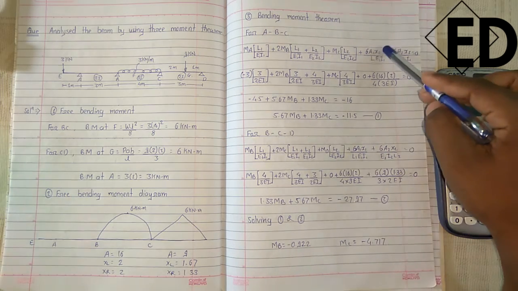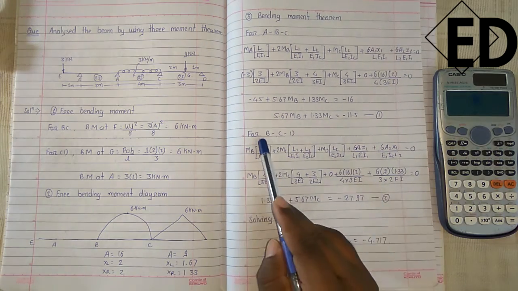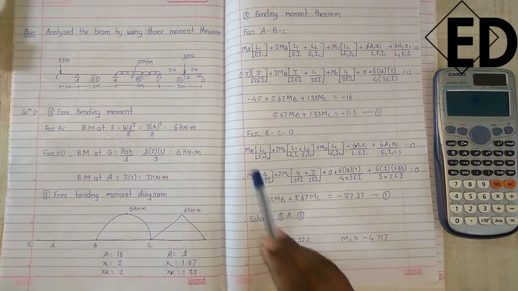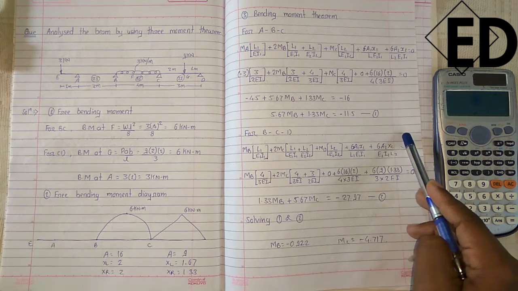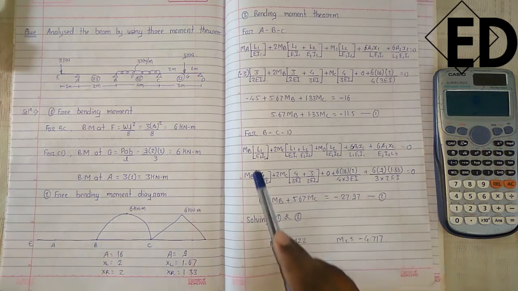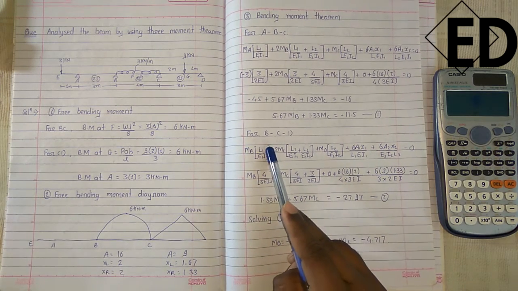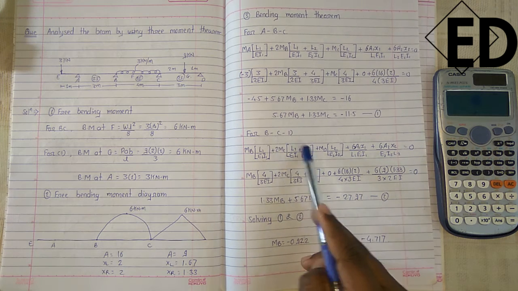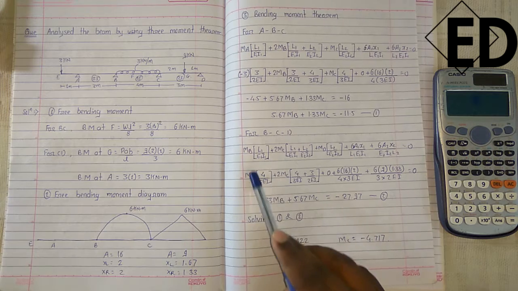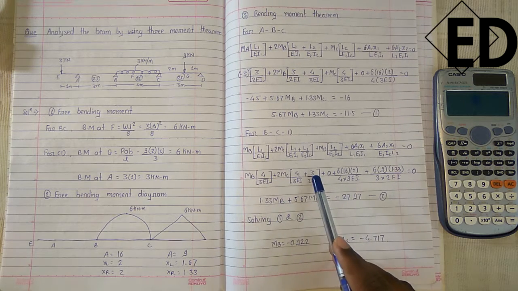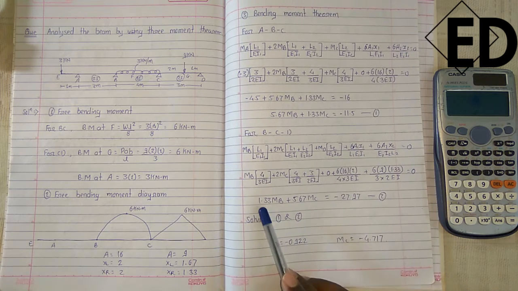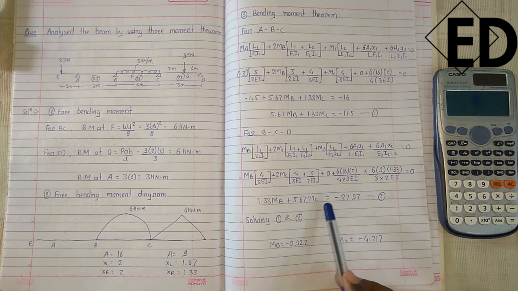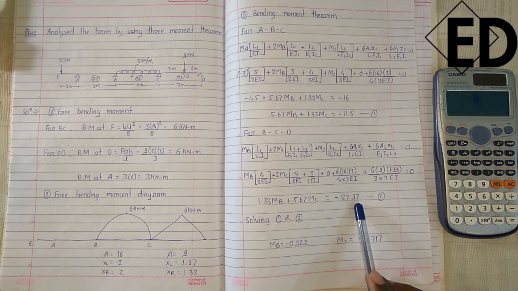The same equation is used for span BCD. So this is the equation for this span. The known values: L1 is from B to C and L2 is from C to D. By putting all the values we know, we get 1.33 MB plus 5.67 MC equals minus 27.97.